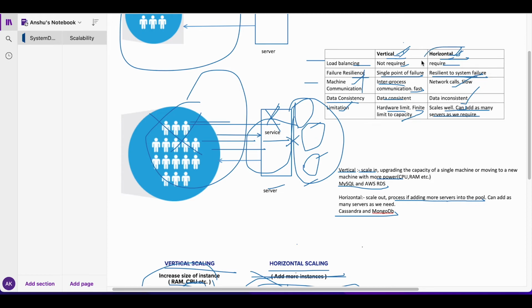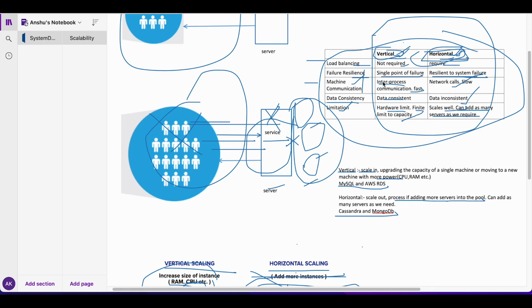Then you can go with horizontal scaling, or with a combination of both. Choosing between vertical and horizontal depends on your requirement. So first observe the requirements of your application carefully before making a decision. If your requirement can be met by just increasing capacity, go with vertical; otherwise, go with horizontal or a combination of both.